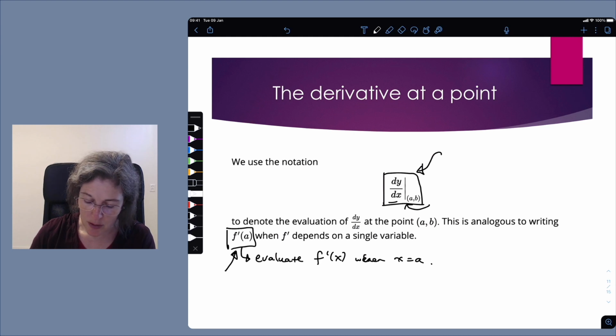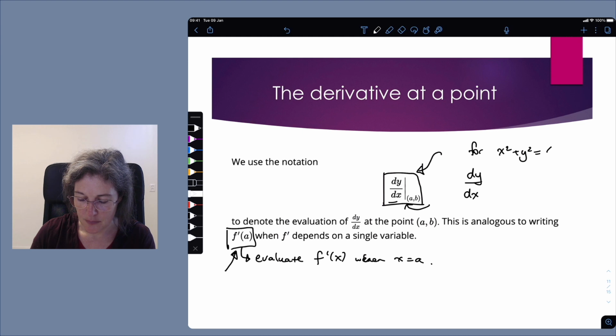So if you think about what we just found for our circle, if we want to evaluate the derivative at, for example, the point 0, 1, or maybe rather 0, 2, what do we get?